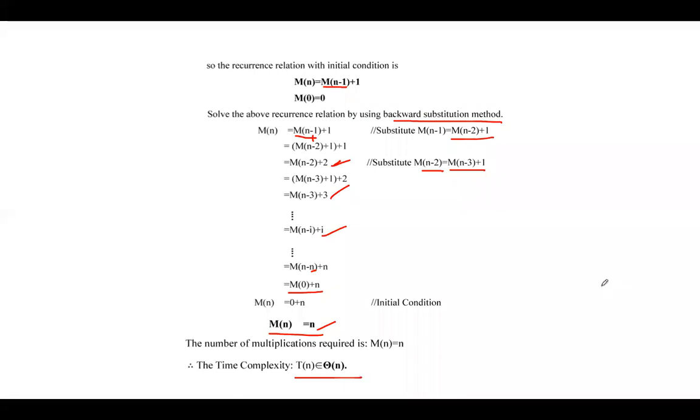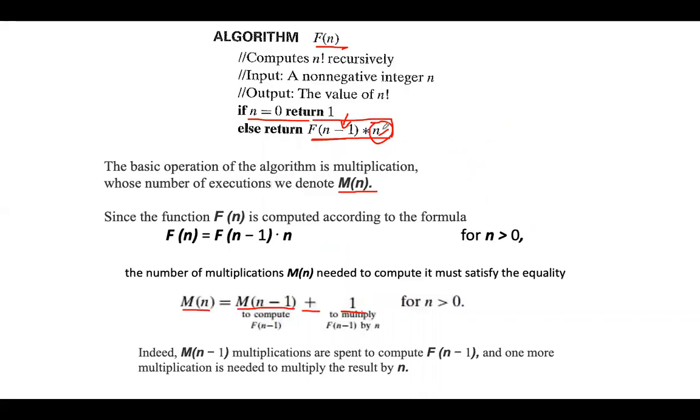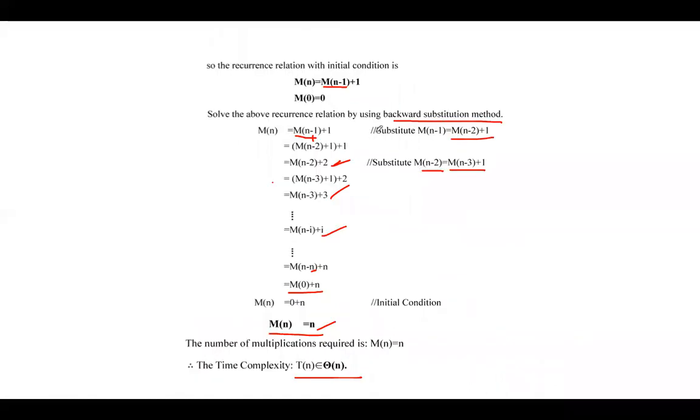In a recursive function, you have to identify the recursive operation which occurs again and again, denote it with some value, and find out how many times that operation is performed. We solve it with the help of the backward substitution method. So you substitute, and you'll get this answer.